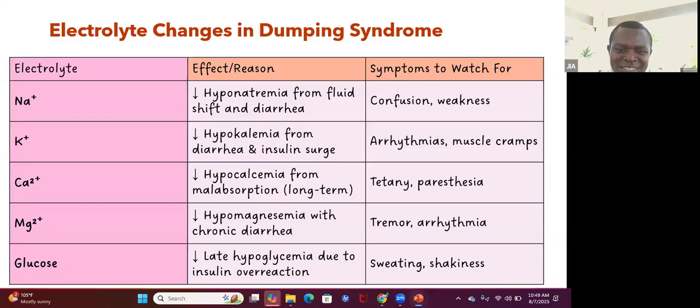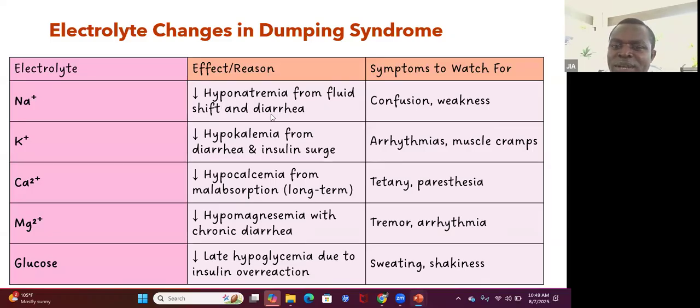You have the electrolyte on the left-hand side. Of course, glucose is not an electrolyte. Then, what is happening to them is in the middle, and what you have to watch out for when they are happening. So what happens to sodium in dumping syndrome?